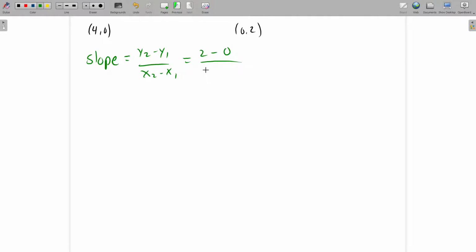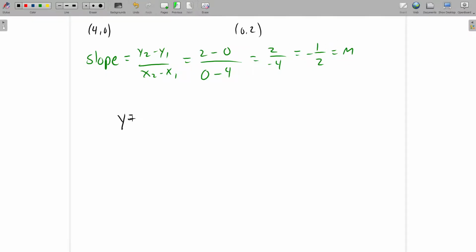Divided by the second x that we have, 0, minus the first x, 4. Right, 2 minus 0, well that's 2. 0 minus 4 is -4. And 2 divided by 4, that can be simplified into 1/2. And because the denominator is negative, we have -1/2 as our slope, as our m.